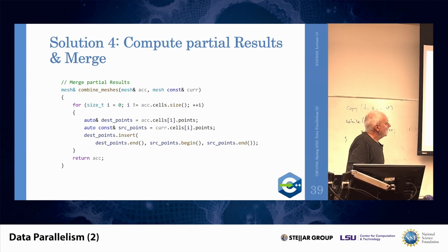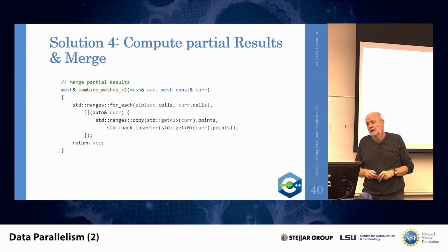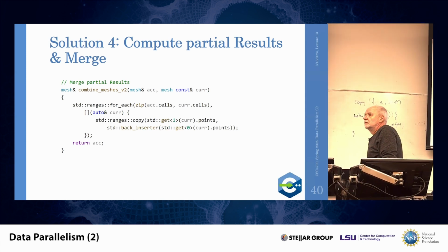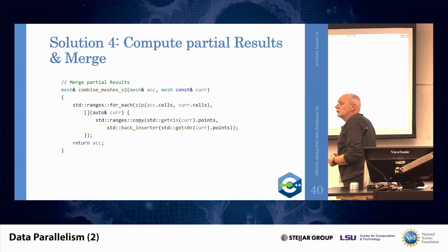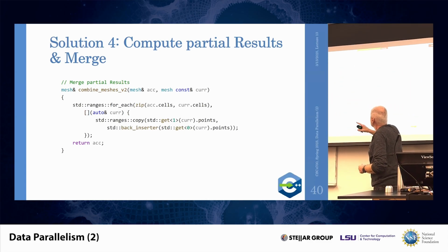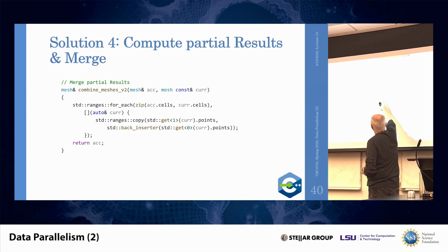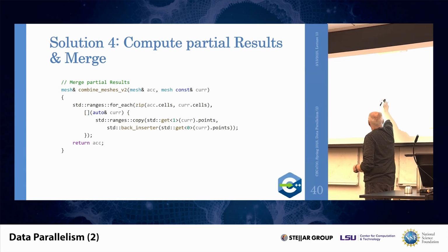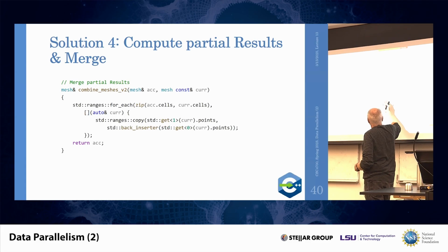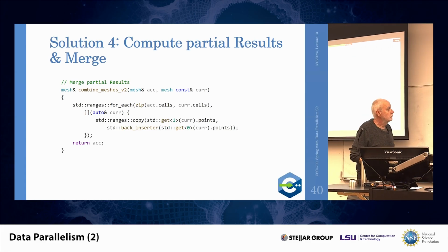So I stepped back and said, okay, why don't we just do a zip and implement a normal gather operation, which we talked about. And now you get exactly what you need. So you zip over the accumulated cells and the cells from the current element, and simply copy the points from the current element into the points of the accumulator. Done.